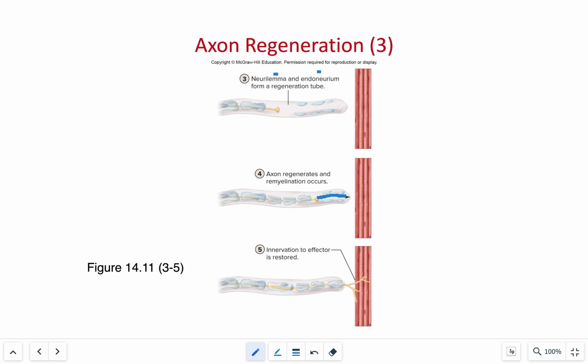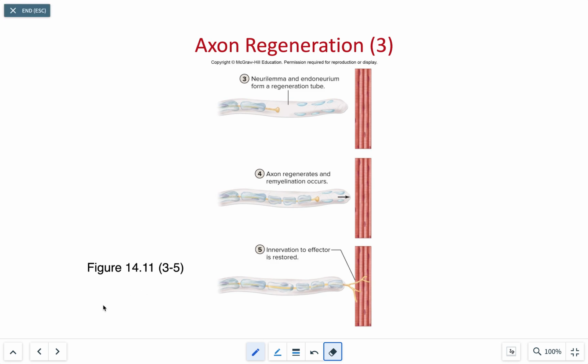At this point during recovery, we still have not made contact with the effector, but as this axon grows, we start to see the neurolemma and the endoneurium enclose the axon, and that enclosure is going to allow for the beginning of this saltatory propagation of the action potential to jump from node to node, eventually hitting the effector or the terminal end site of whatever it may be innervating.